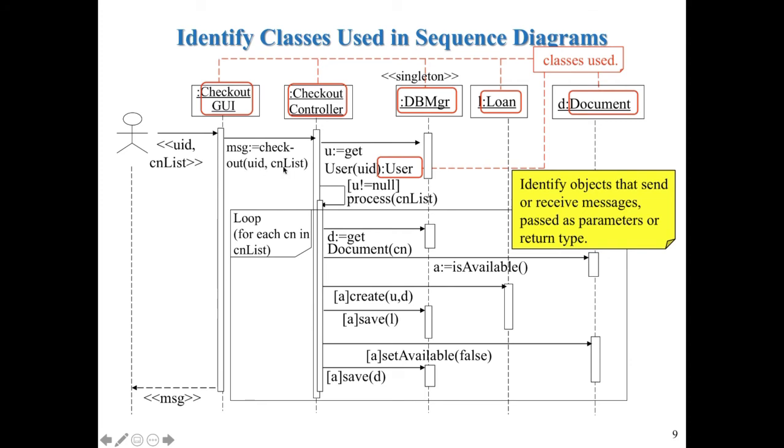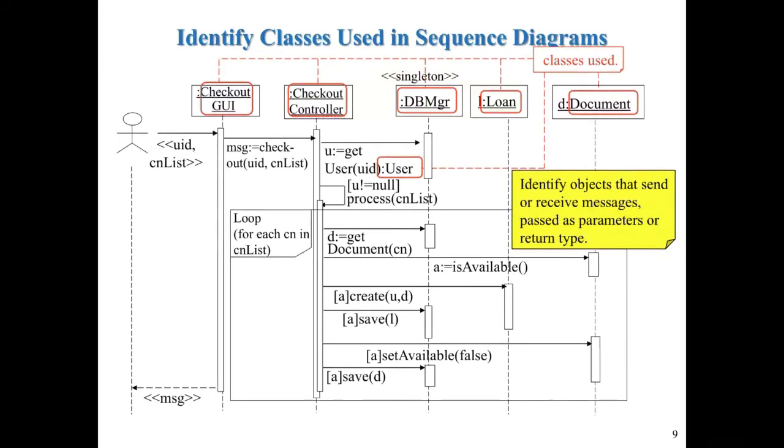User ID, CN list, CN list here, U, that is username, D, that is document, L for something, it will be somewhere here. D as a document, C here, set availability as false, so true and false, these are all the parameters that we are passing.